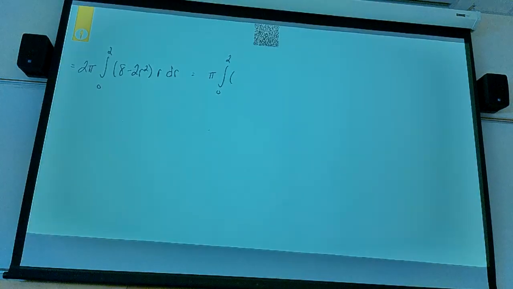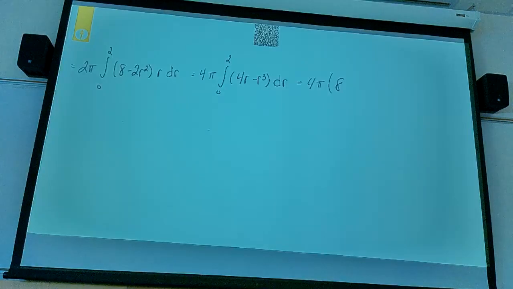Let's factor out 2 as well. Antiderivative of 4r is 2r squared. R squared from 0 to 2 is 4, so 4 times 2 is 8.